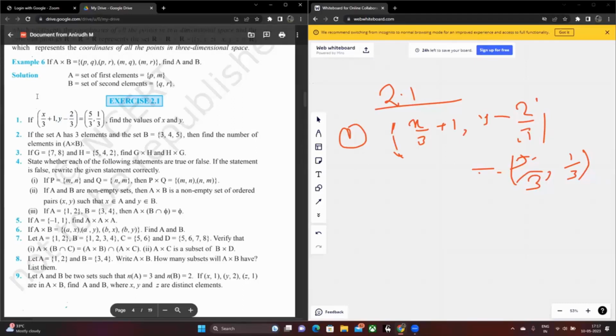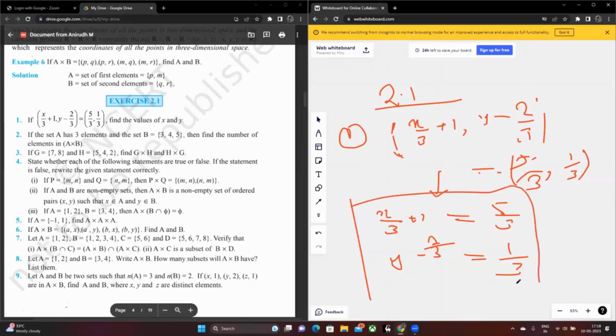And for equality of any ordered pair, the first object has to be equal to the first object, and the second object has to be equal to the second object. So basically, I can separate this as x/3 + 1 equals 5/3, and y - 2/3 equals 1/3, right?